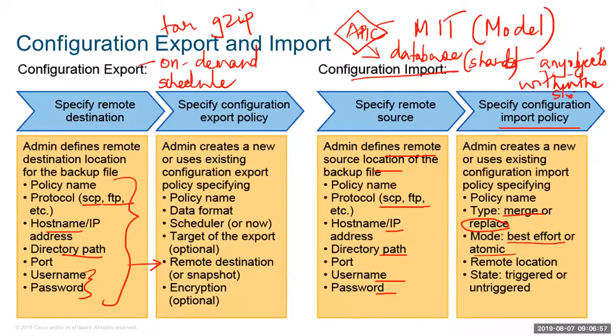So it basically says, hey, if I cannot import a specific application profile, I'll just ignore the whole profile, or if I cannot import the EPG, we'll just ignore that, but we'll import the rest of the EPGs. Okay, that's a best effort mode. I will only ignore the object.